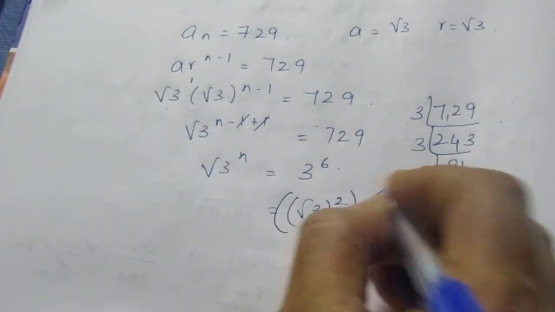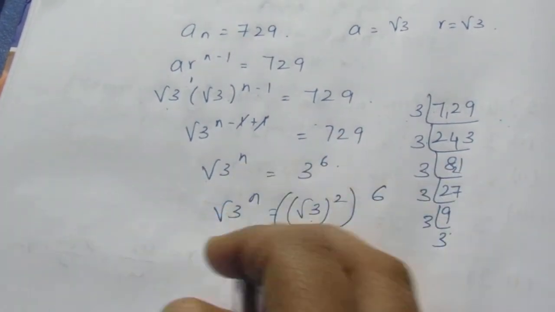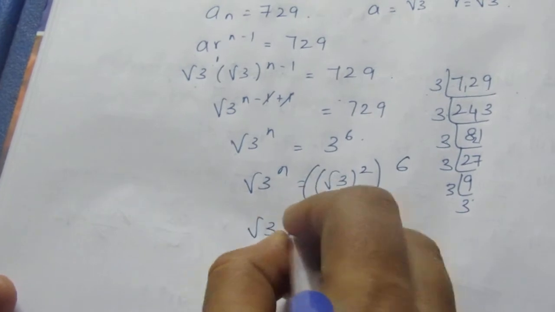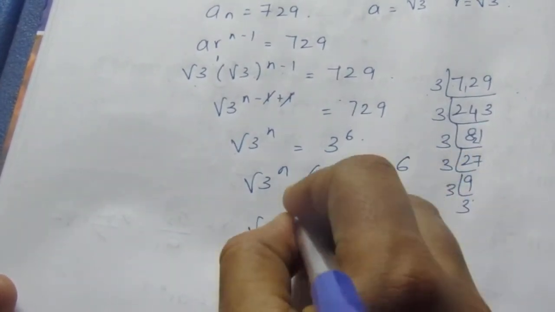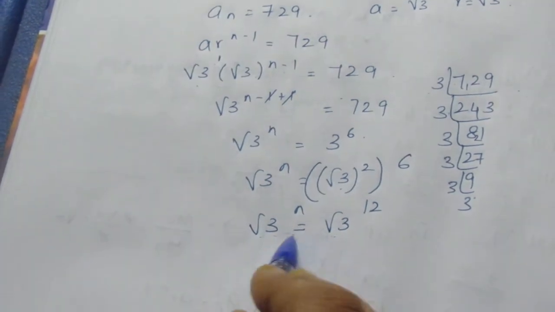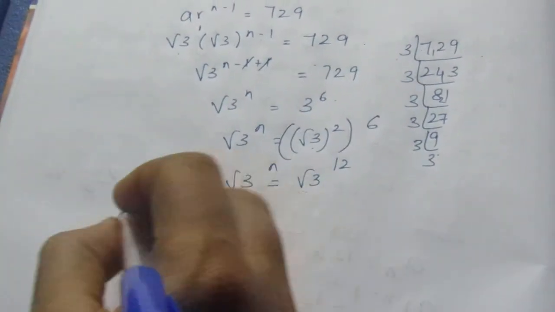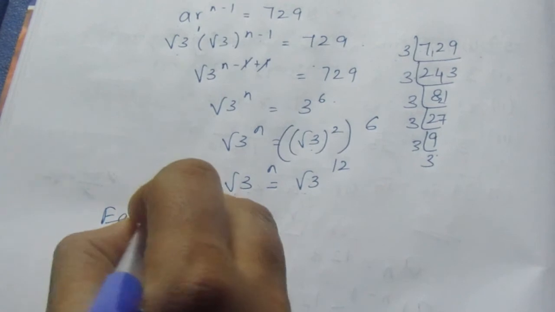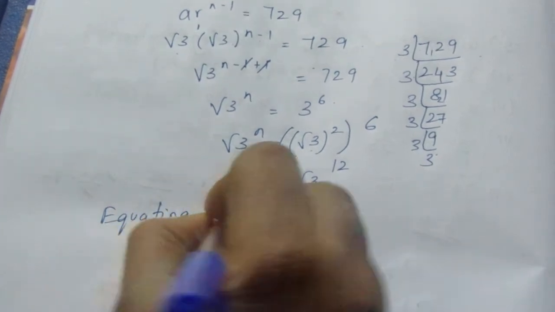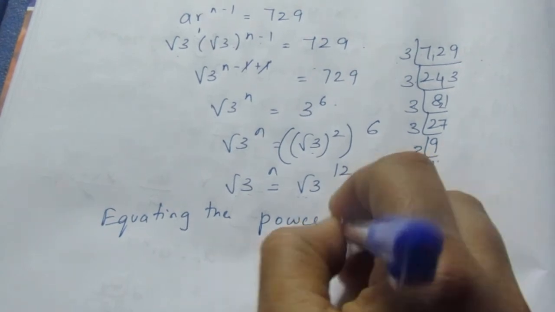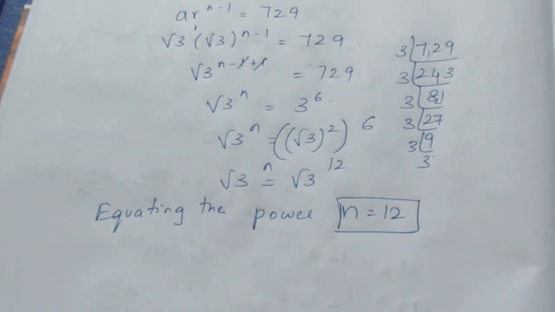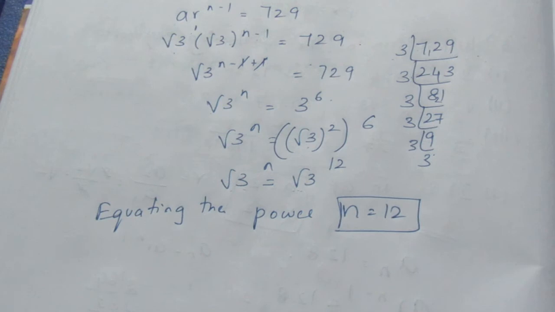Here the whole power 6 we have. So root 3 power n becomes root 3 power 12. Equating the powers, because the base is same, n will become 12 for this sum. So n is equal to 12 for the sum.